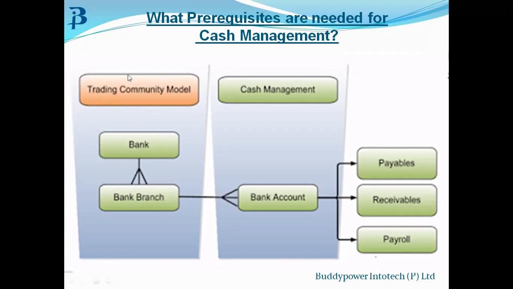As I said, the bank and branch information is stored in the trading community model tables, whereas the account is stored in cash management tables. Then you specify which option, like payables, receivables and payroll, are going to use a bank account.